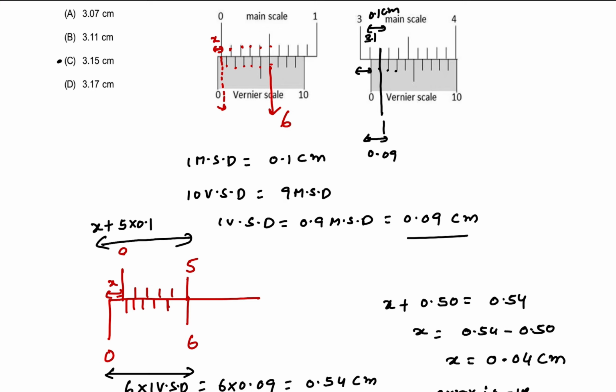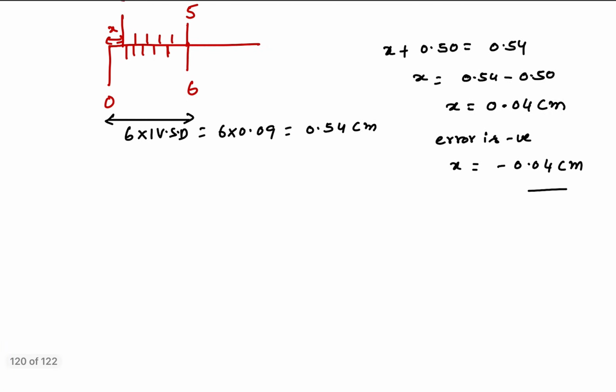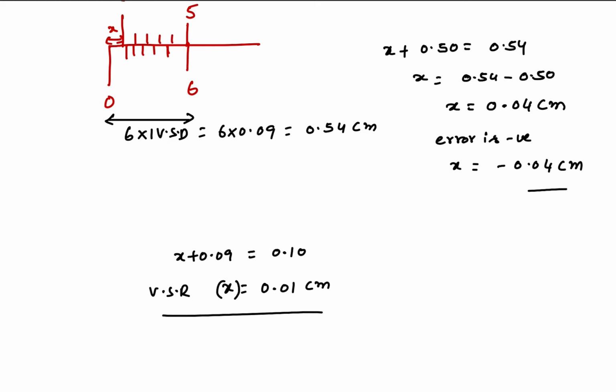Now you can see what is my distance x. For reading, x plus 0.09 is equal to 0.10. So we can write x is equal to 0.01 centimeters. This is my vernier scale reading.